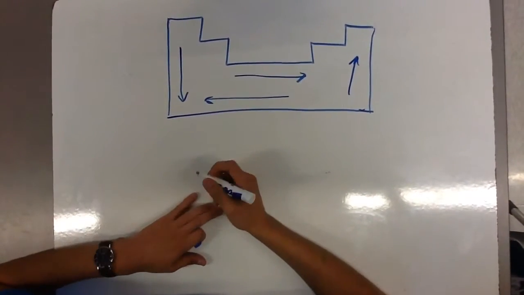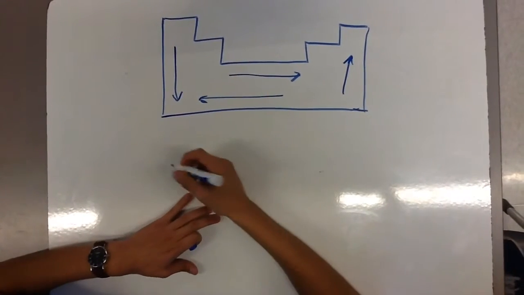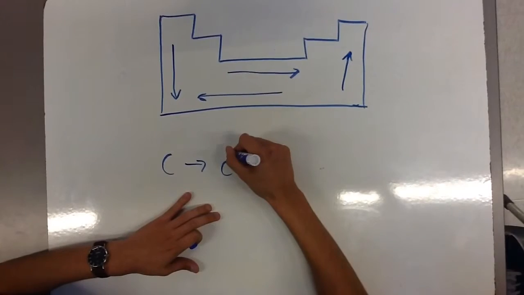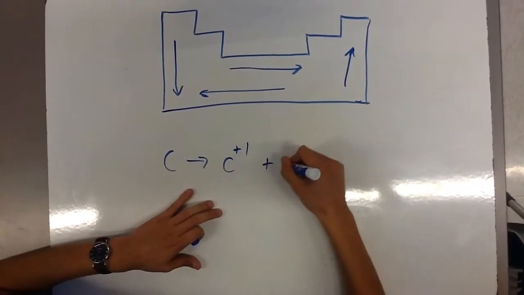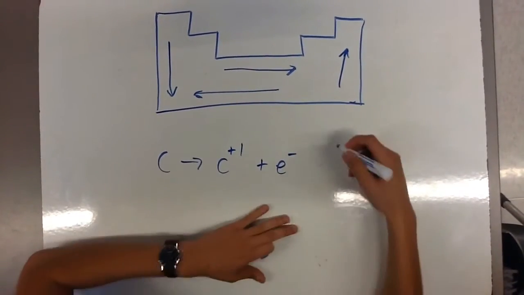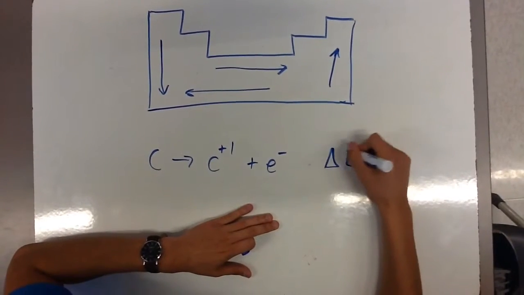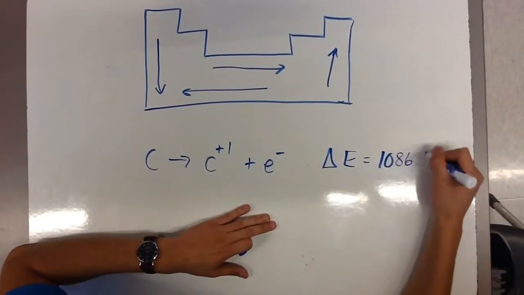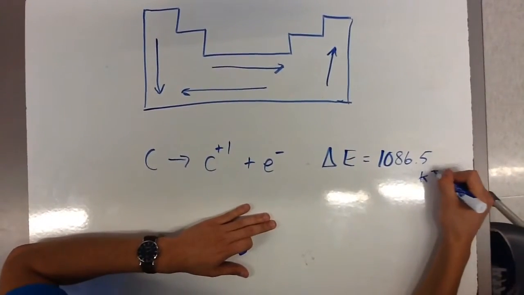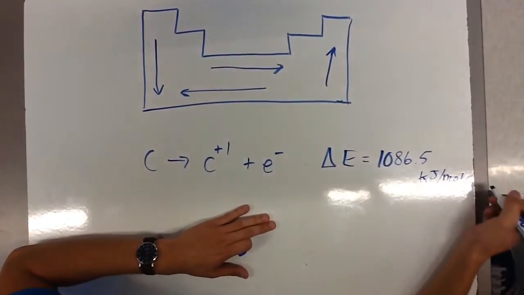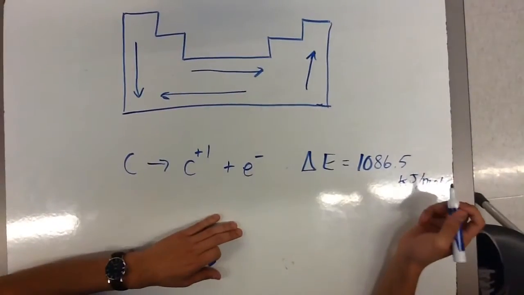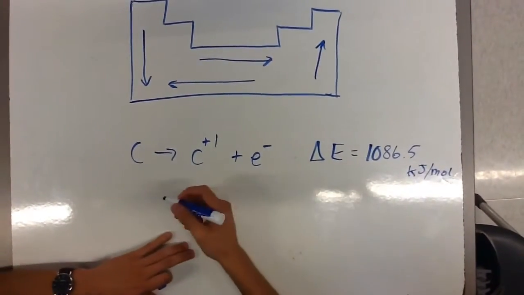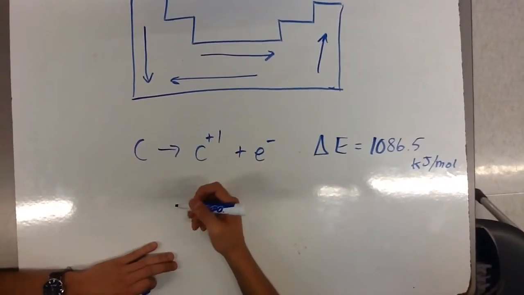And so the ionization energy for carbon, when carbon loses an electron in its gaseous state, is going to equal 1086.5 kilojoules per mole. And so ionization energy is always going to be in kilojoules per mole, so we need to keep that consistent.